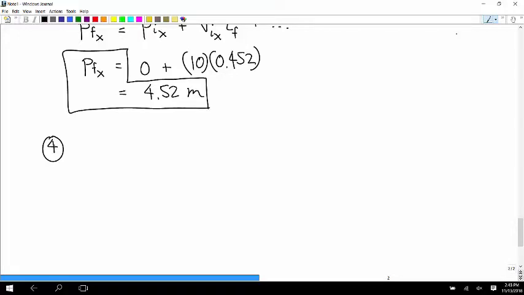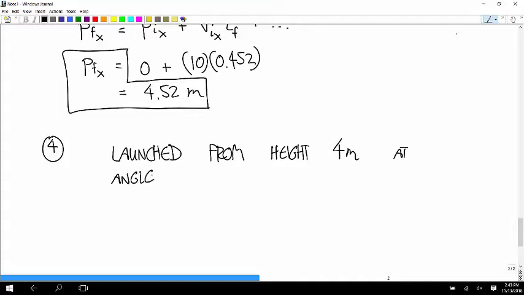So the idea is this object is launched from a height of 4 meters at an angle 10 degrees below the horizontal. How long does it take to hit the ground?